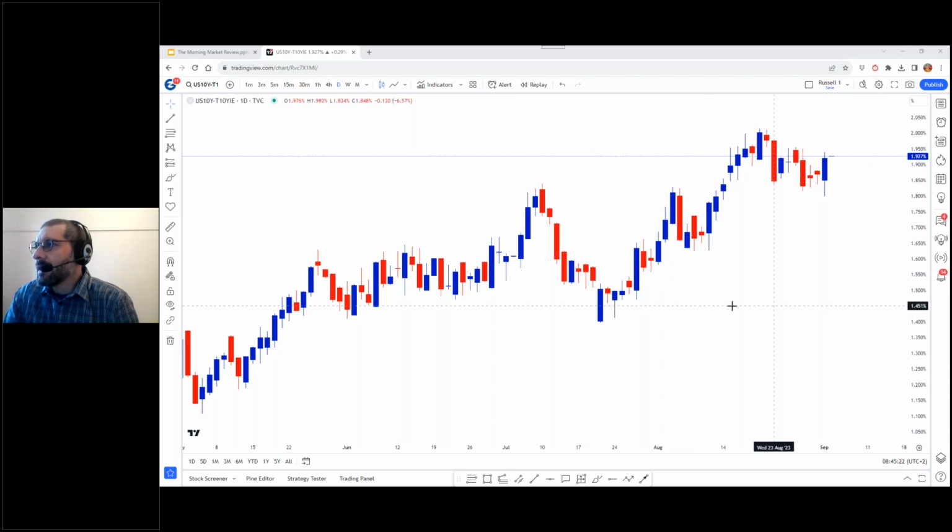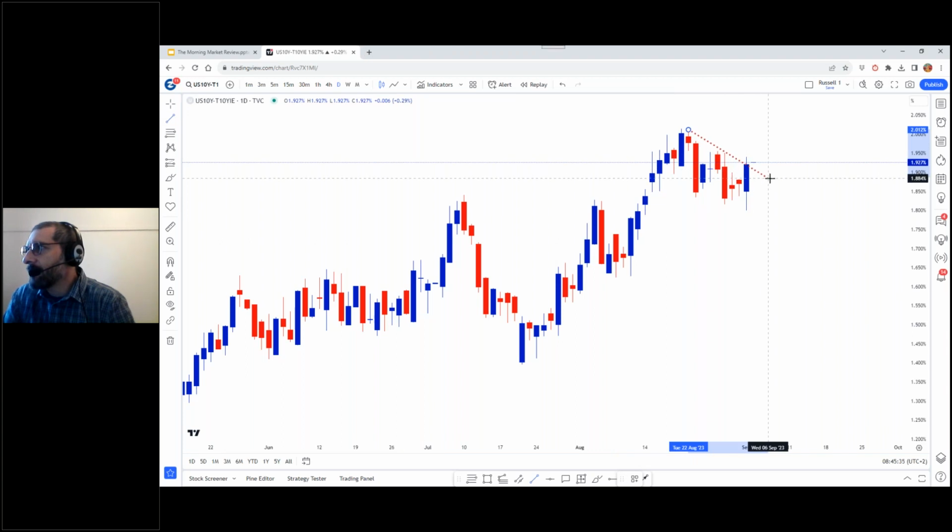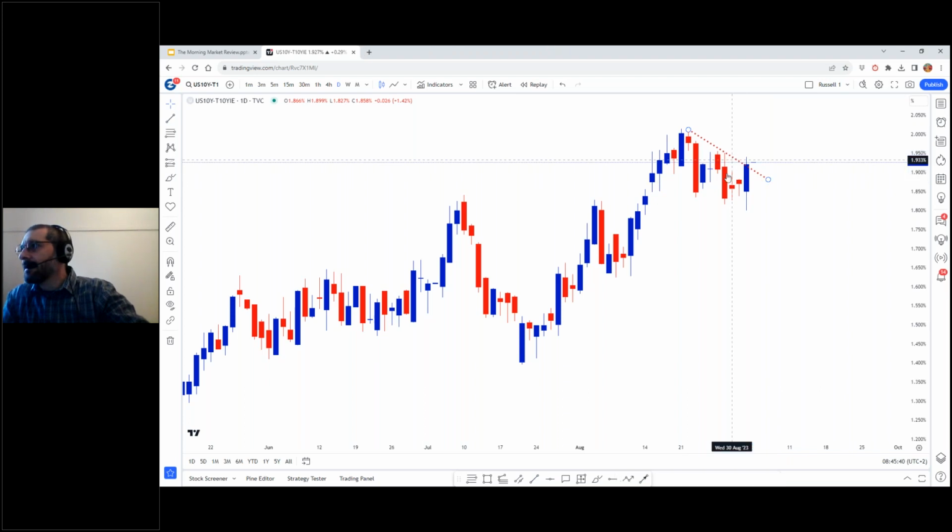All right, so what we're doing here is we're looking at the real rate. This is the daily chart of the real rate, and I'm just applying some technical theory to it. It looks as if the technical pattern is a flag.